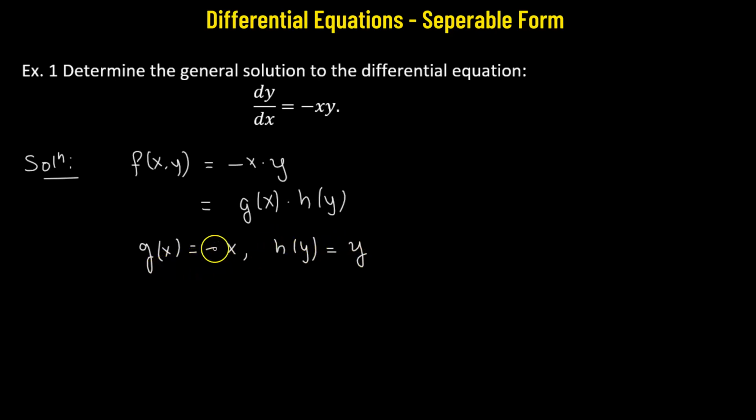We can also have considered g of x equals positive x and h of y as negative y. That's totally your choice. So that means we can convert this differential equation into a separable form.